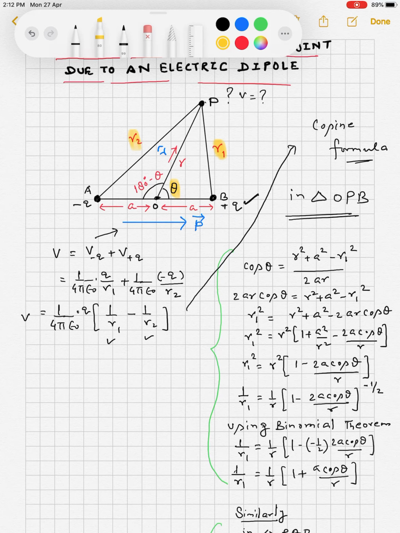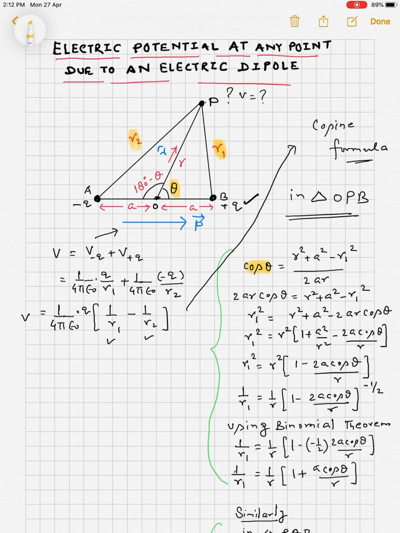Cos theta is equal to r square plus a square minus r1 square upon 2ar. So by cross multiplication and writing in this way, now we come to this step. By taking r square common, we have r1 square equal to r square into 1 minus 2a cos theta upon r.